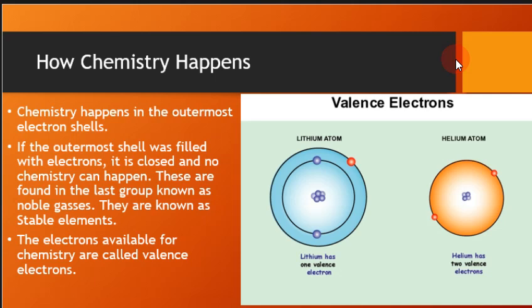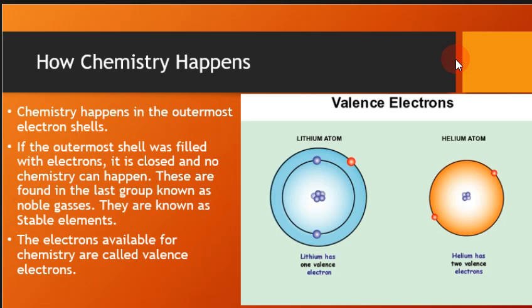It will give it to something else that wants 1. This is the same thing with sodium. Sodium has 1 valence electron. It'll give it away to something. Sodium likes to give it away to guess who? I gave it away to chlorine, right. Okay, so lithium wants to get rid of that.